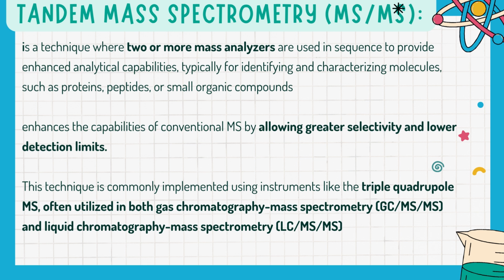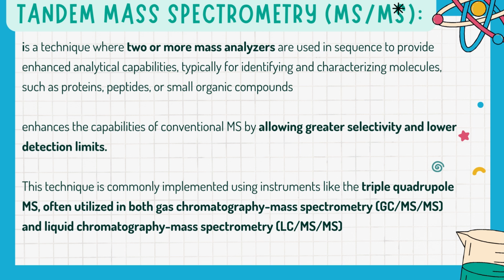It enhances the capabilities of conventional mass spec by allowing greater selectivity and lower detection limits. This technique is commonly implemented using instruments like the triple quadrupole MS, and often utilized in both GC-MS/MS and LC-MS/MS.